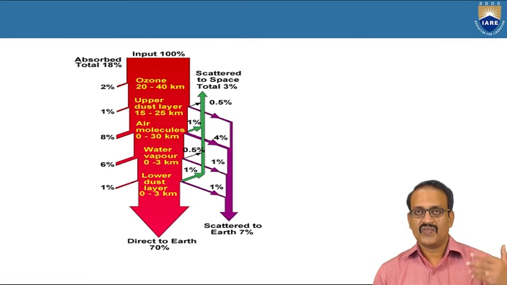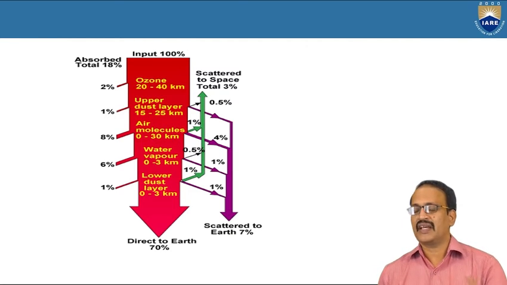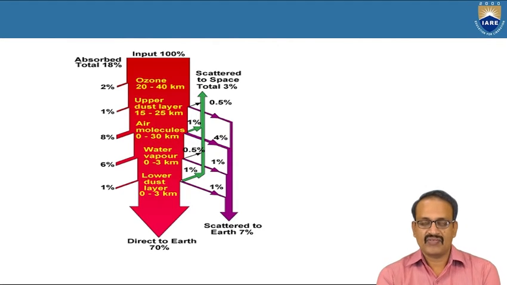So first ozone, next upper dust layer, next air molecules, next water vapor, next lower dust layer again. It will be from 0 to 3 kilometers, and it will absorb 1%.